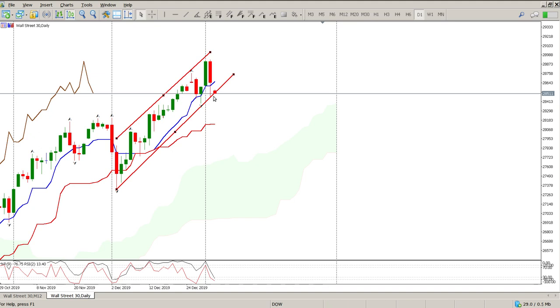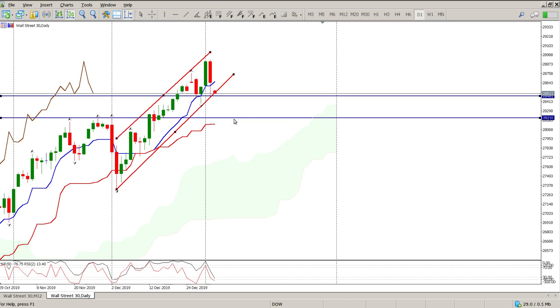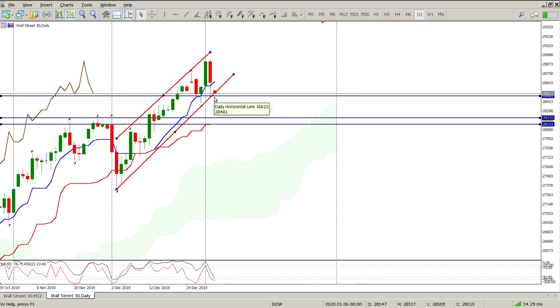Okay, if we do break below this and get a daily close below last week's low, last Friday's low, I think you've then got a really good solid case of a move down to 28,130 or 28,210. Okay, but we're going to need a daily close below 28,481.